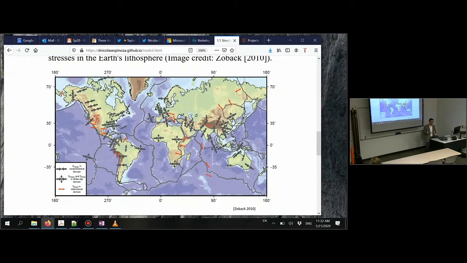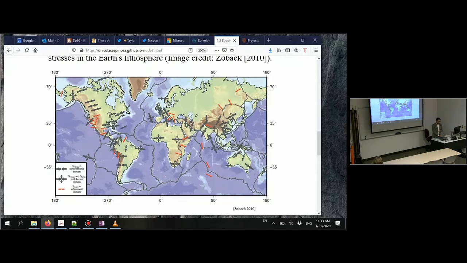And we're going to see that, the same way that we can map the elevation of the Earth in the world, like that's what you see in colors here, the highest is brown, the lowest is green, at least onshore, the same way that you can map altitude, you can also map stress. What is the direction of stress, and also what are the magnitudes of those stresses.